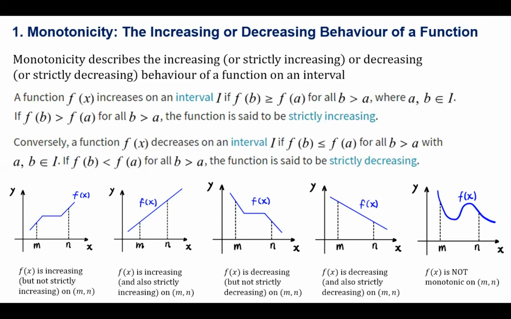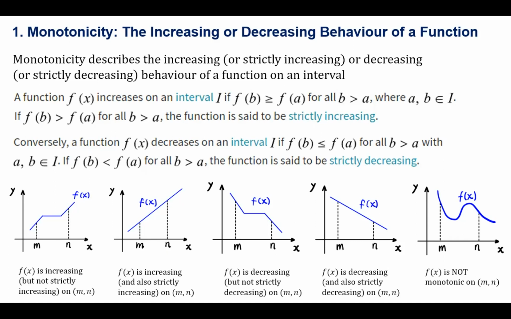For the second function, as we can see here, for any a less than b on the interval m to n, we have f(a) less than f(b), right? Therefore, we say f(x) is increasing and also strictly increasing on the open interval m to n.